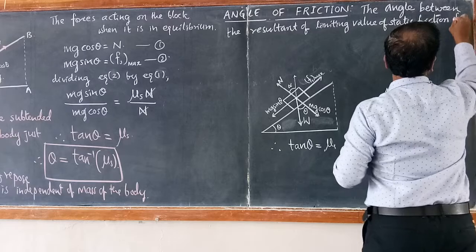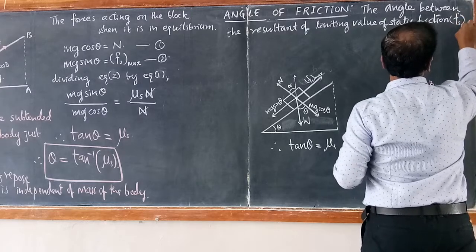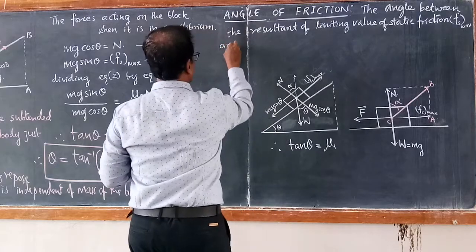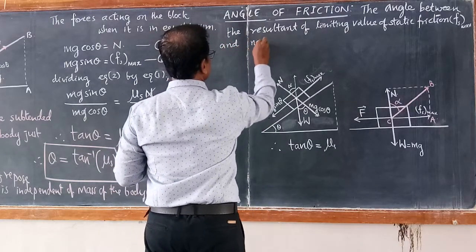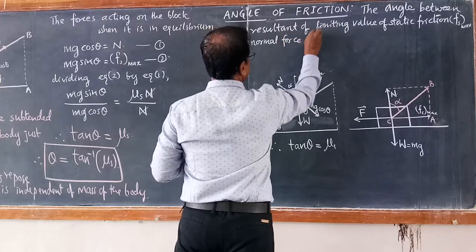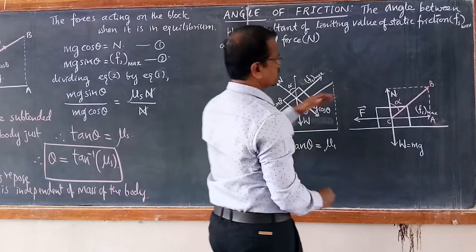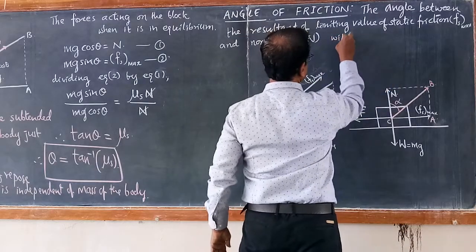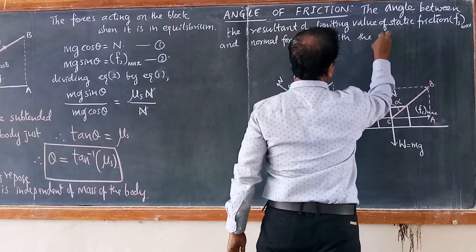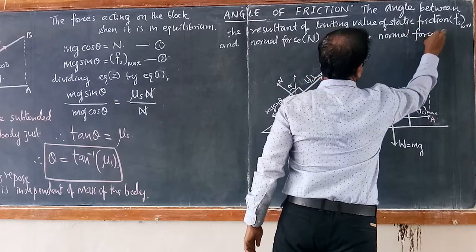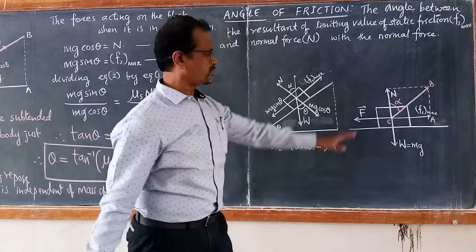What is that limiting value of static friction? Fs max, and normal force. What is that normal force? N. This is the resultant, CB is the resultant, with the normal force. With the normal force.